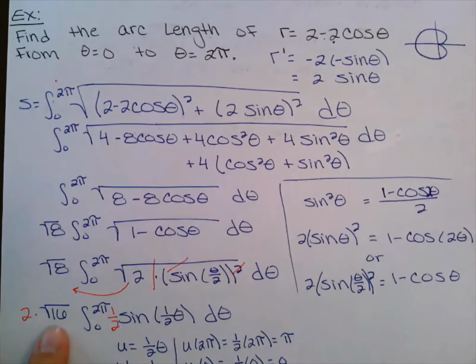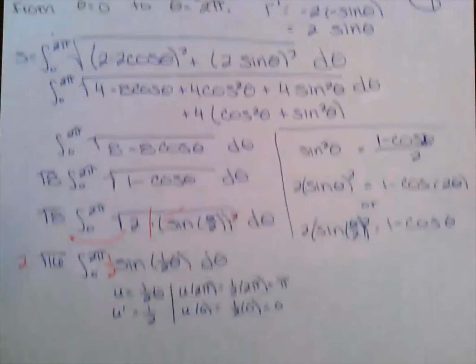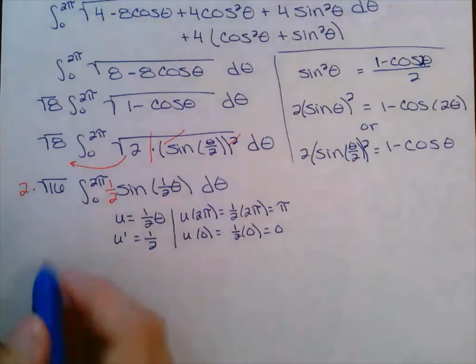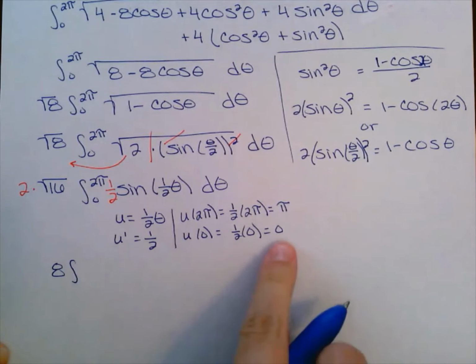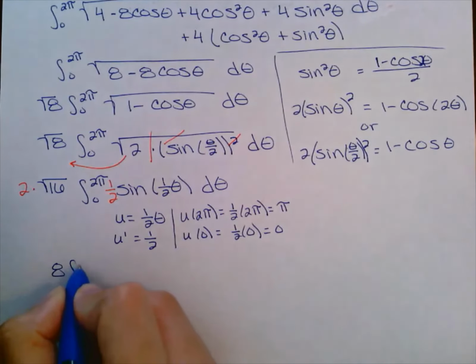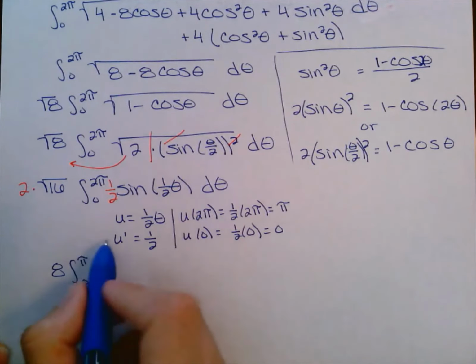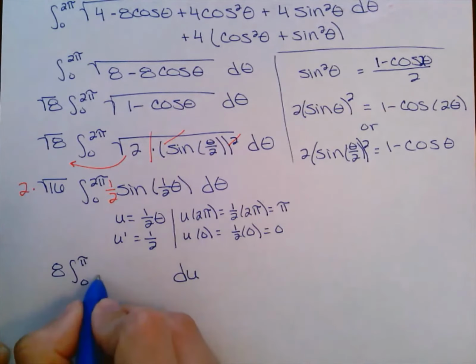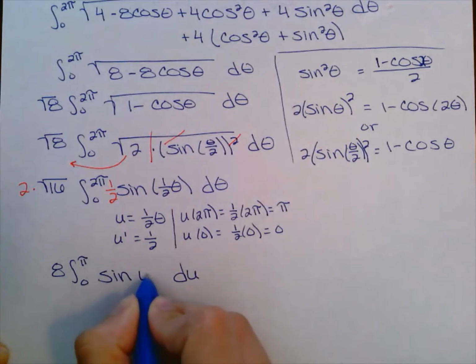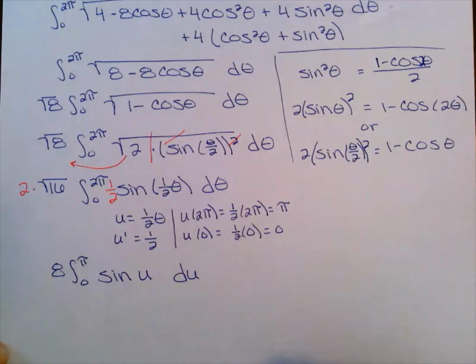So now, square root of 16 is 4. Times 2 is 8. So I have 8 times the integral, my new limits, from 0 to pi, of this half. Remember, it disappears into my du, and now of just sine of u. Antiderivative of sine is going to be a negative cosine.